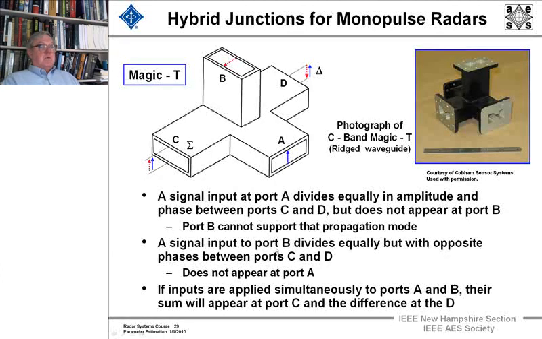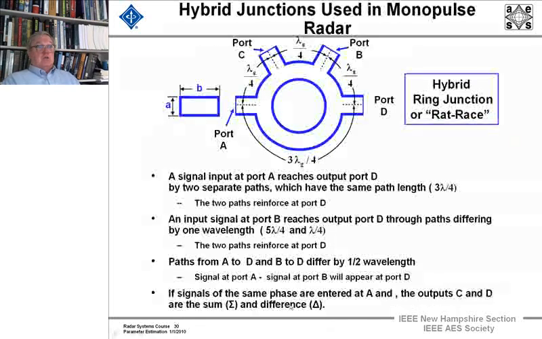The signal input into port B, the other input, divides equally but with opposite phases between ports D and C. It does not appear at port A, for the same reason. If the inputs are applied simultaneously to ports A and B, their sum will appear in port C and their difference will appear in port D. And that's the function of one of those hybrid junctions.